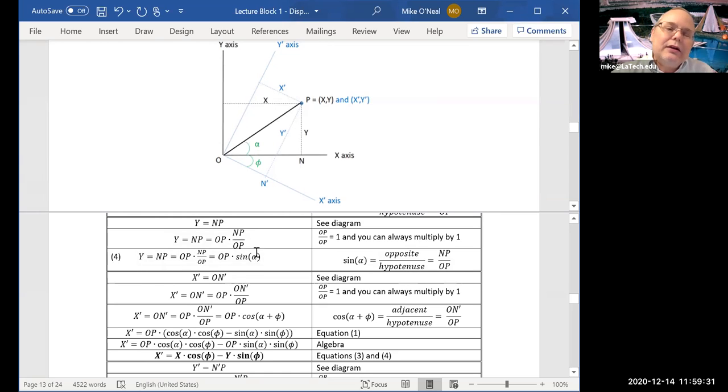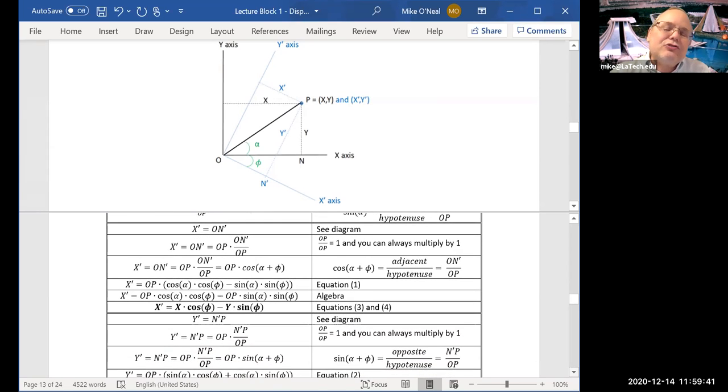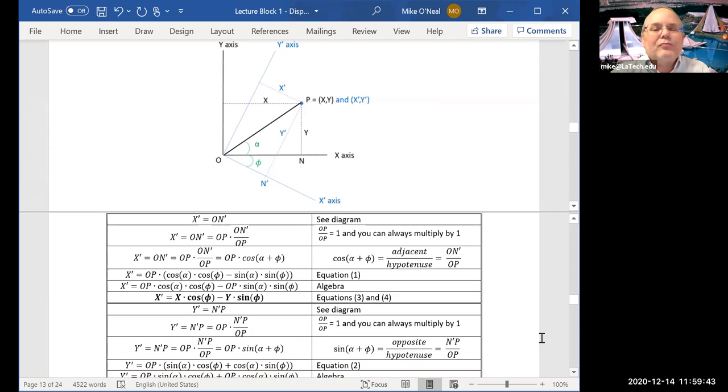So y can be written as OP times sine of alpha. Again, nothing hard here. We're just using a little bit of trig and a little bit of algebra. Now, those two were for our original coordinate system. Let's do the same kind of thinking in our new coordinate system here.